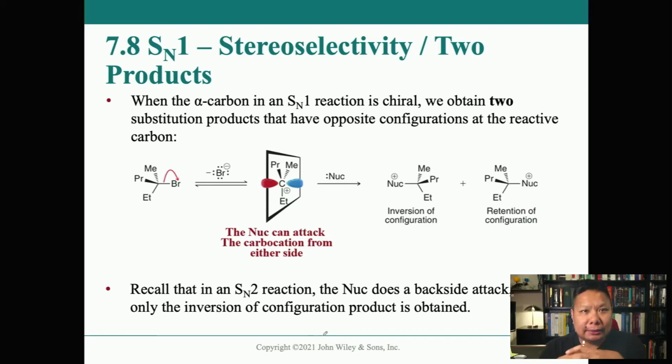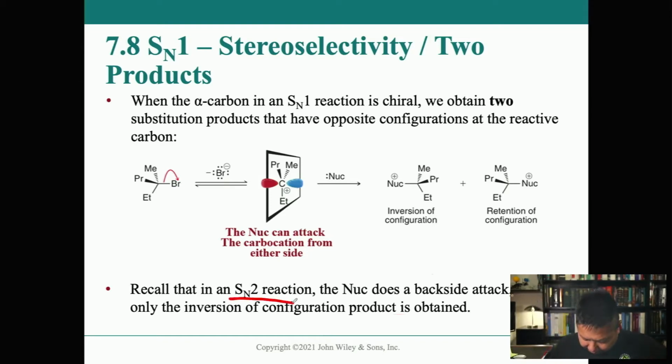Okay, so SN1 stereoselectivity in two products, right? When an alpha carbon in an SN1 reaction is chiral, we obtain two substitution products that have opposite configurations at the reactive carbon. Okay, so this is very similar to the backside attack of the SN2 reaction, but not exactly.